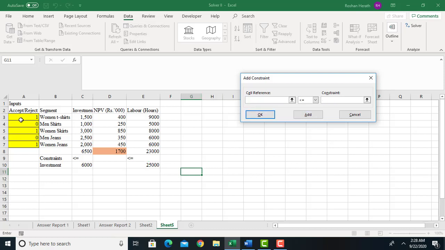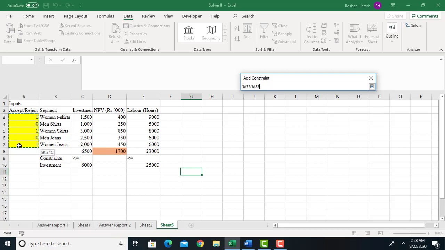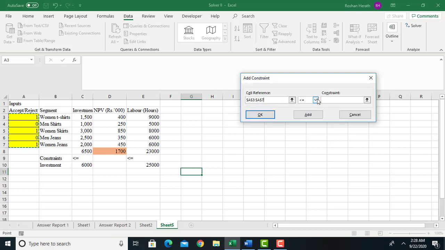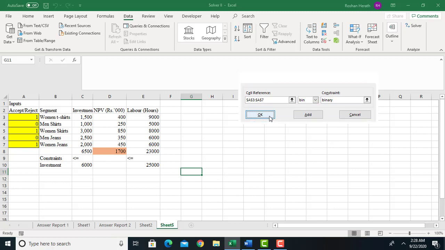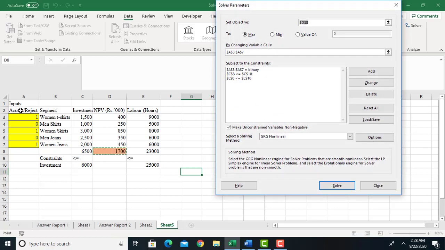Also the changing cells must be binary, either accept or reject. Those are the three constraints: investment, labor, and binary.